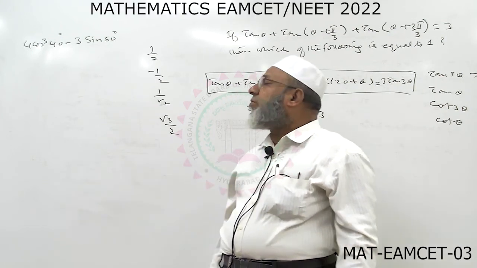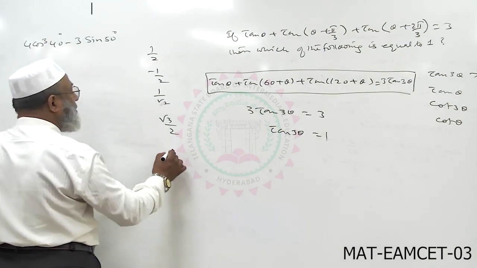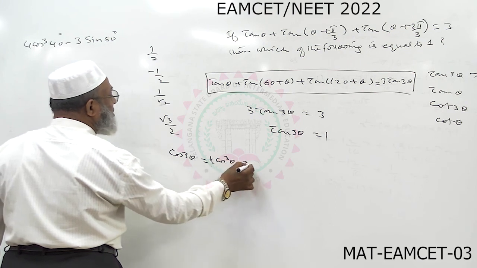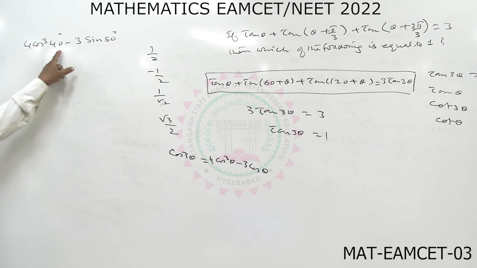What is our standard form? That is cos 3 theta is equal to 4 cos cube theta minus 3 cos theta. This is my cos 3 theta formula. But here it is 4 cos cube theta minus 3 sin theta; instead of sin theta, I want cos theta.